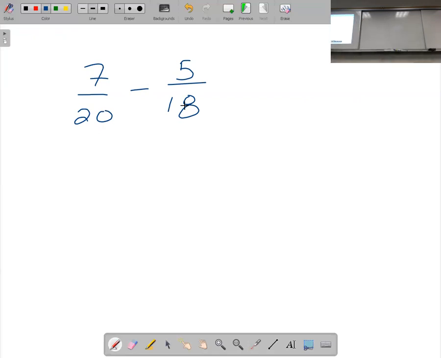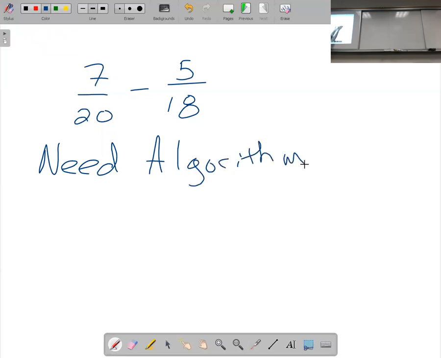And so we're going to try and come beyond. So we need an algorithm. And I know you guys already know algorithms, but we're just developing it slowly. We don't want to model this. Model means show me physically what it means. And once you get beyond like 6 as the denominator, it's too much of a pain to draw.